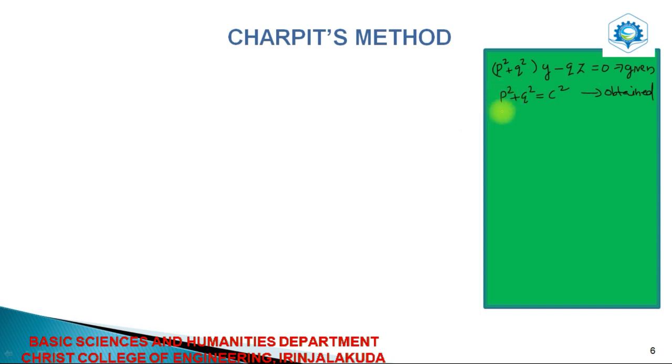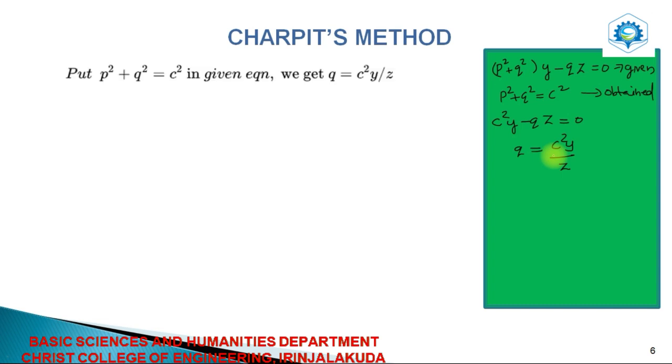Let us just substitute this p square plus q square in the given equation. What we get? We get c square y minus qz equal to 0, and that is we have q equal to c square y divided by z. So that is our first equation: q equal to c square y divided by z.